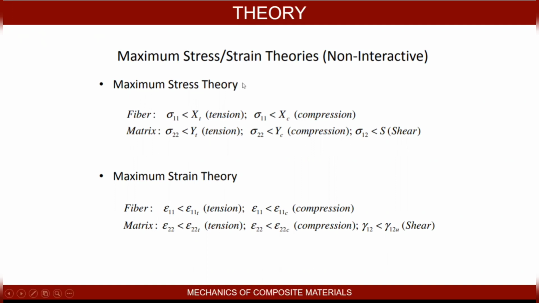Maximum stress theory. So now you have your per ply stresses that we have developed from classical laminated plate theory. But you also are given allowables in the problem statement. You have your longitudinal tensile strength and longitudinal compressive strength that's measured from testing, in addition to your transverse tensile and compressive strength, as well as shear.